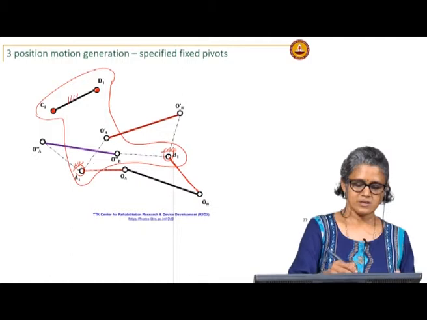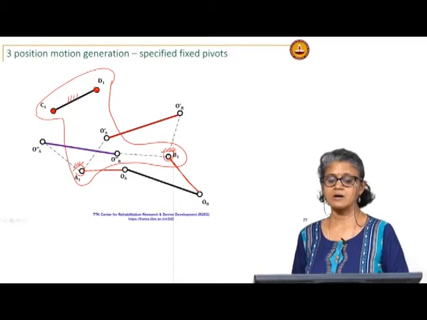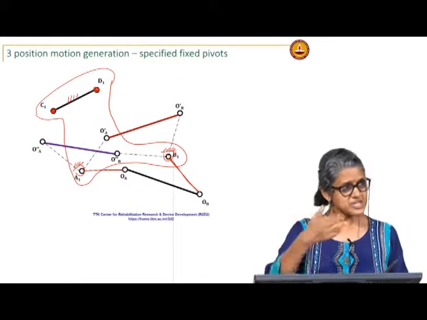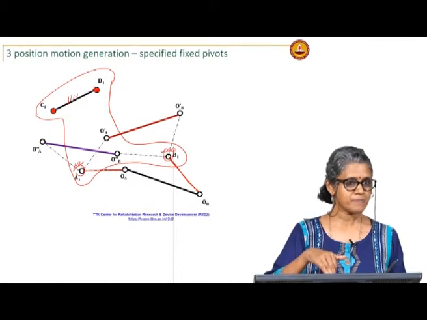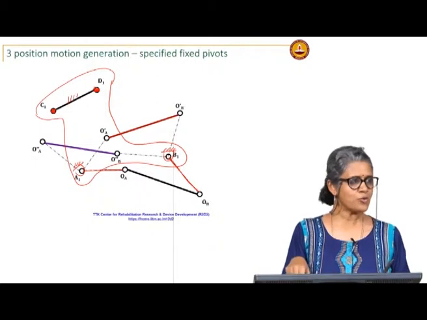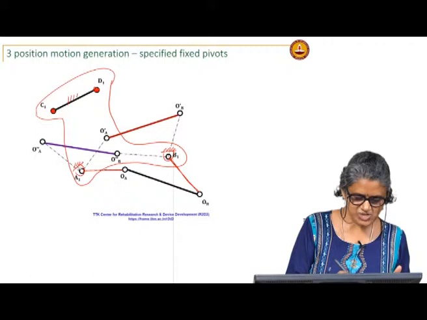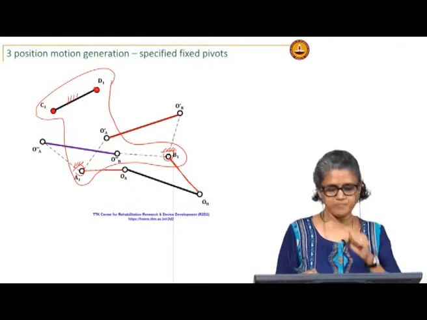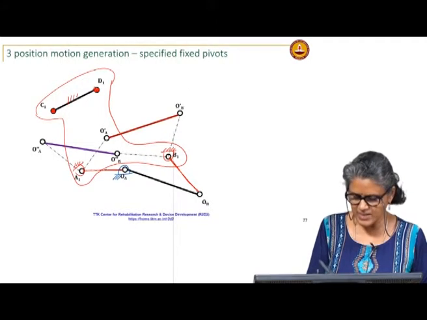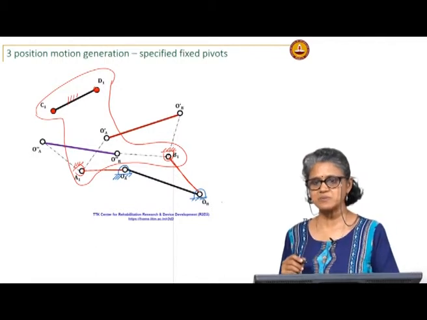So, these are not pivots anymore, but this is actually the inversion of what I want. Okay. OA, OB are my actual fixed pivots. So, this is actually the opposite of what you want. Okay. So, my actual linkage, it is the inversion of, I have OA and OB as my fixed pivots.